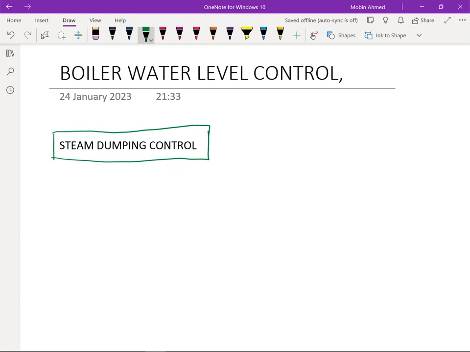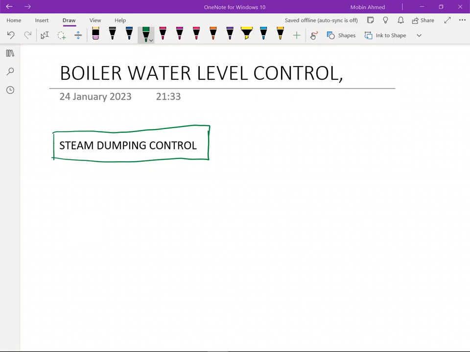Steam dumping valve. If you see the steam dumping valve, it is generally used when the boiler is working in the EGB, exhaust gas mode. There are two modes in which the boiler works, and when it is in the EGB mode, the steam is generally higher.